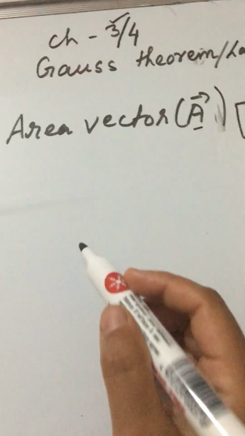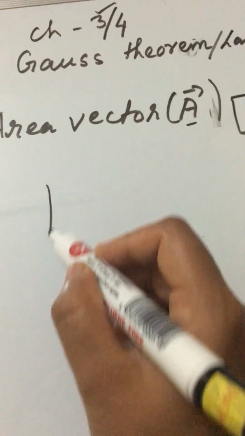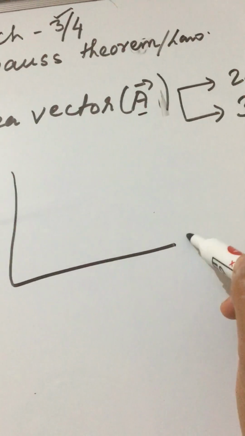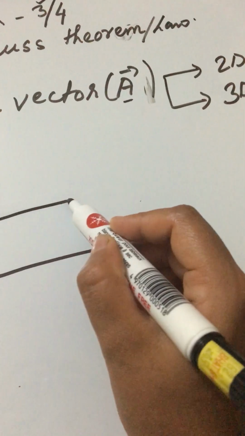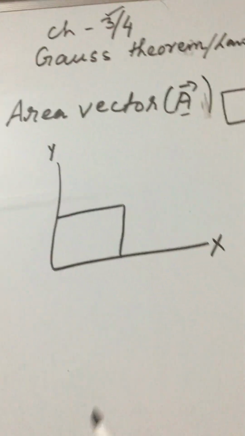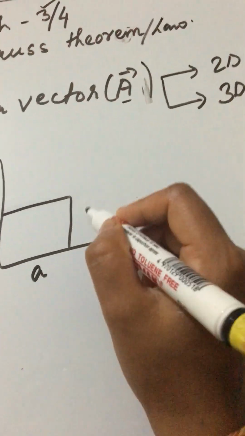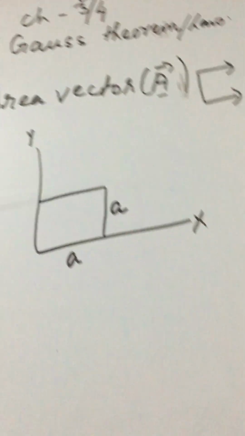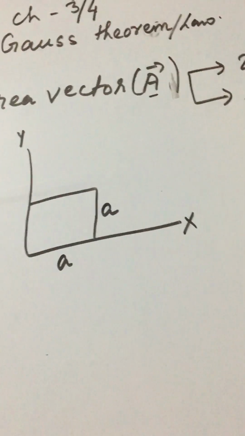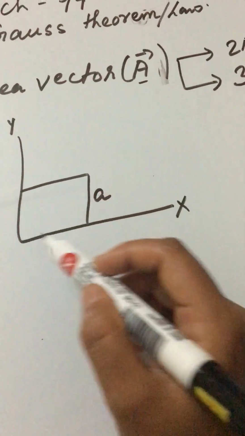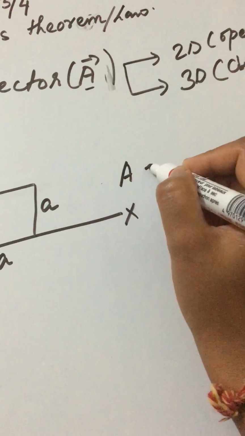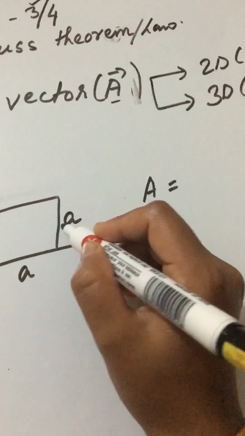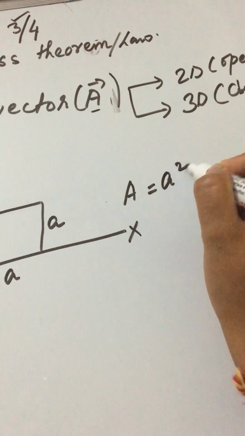Let me consider one area, a simple area lying in the xy plane. Let's say a square of side A and A. The magnitude of the area of a square is A square.